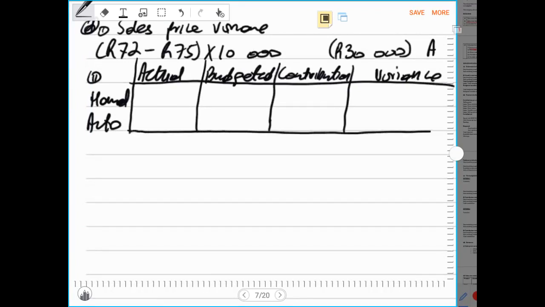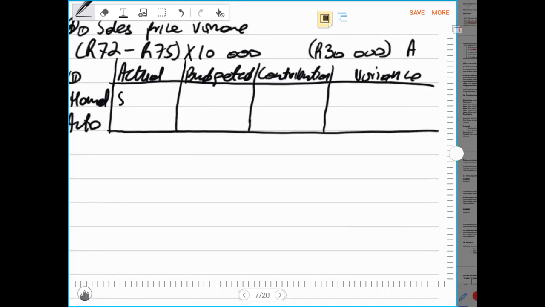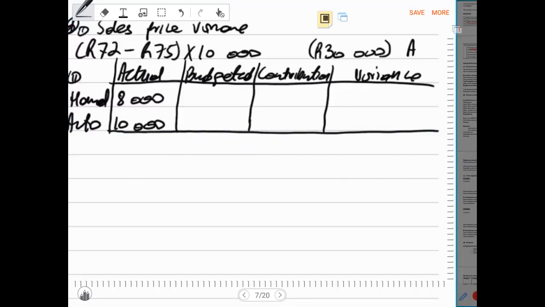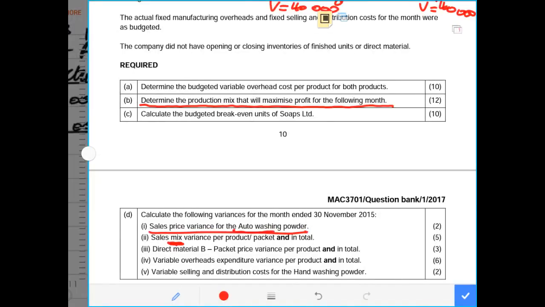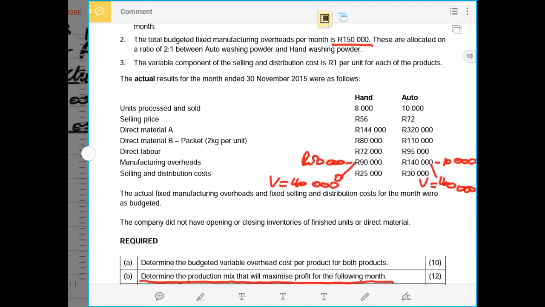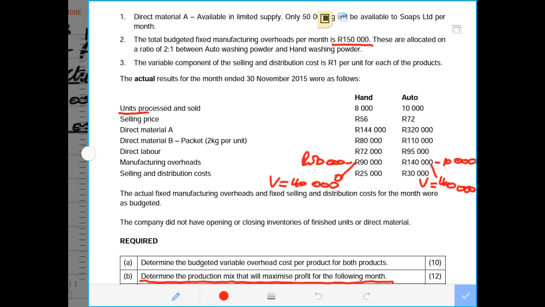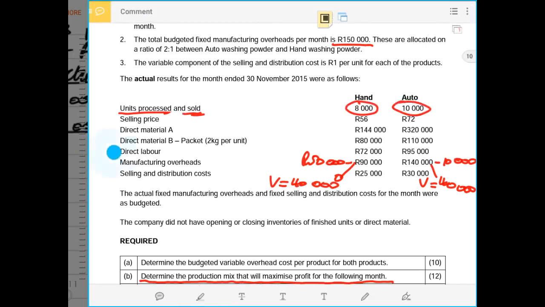Under actual, there's nothing to worry because we have 8,000 for hand and we have 10,000 units that they budgeted to sell or they actually sold. And our actual sales in units that were processed and sold were 8,000 and 10,000. So that's where this is coming from.